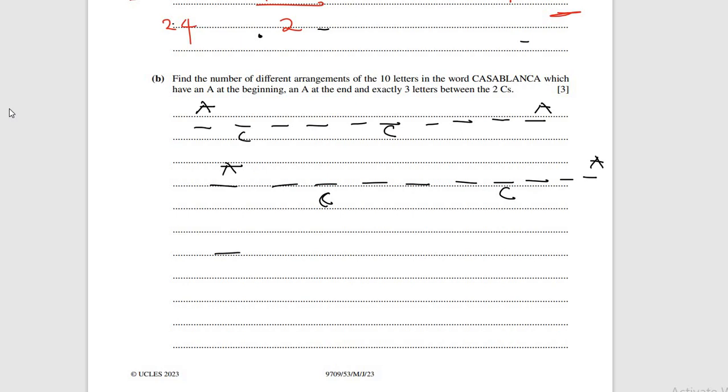Another option: 1 to 10, A at the beginning, A at the end, that's the condition. So the C can decide to be here. I've used the first, second. The C can decide to be here. 1, 2, 3.